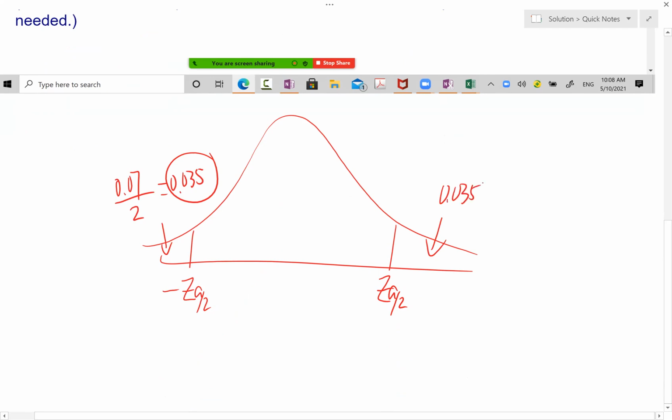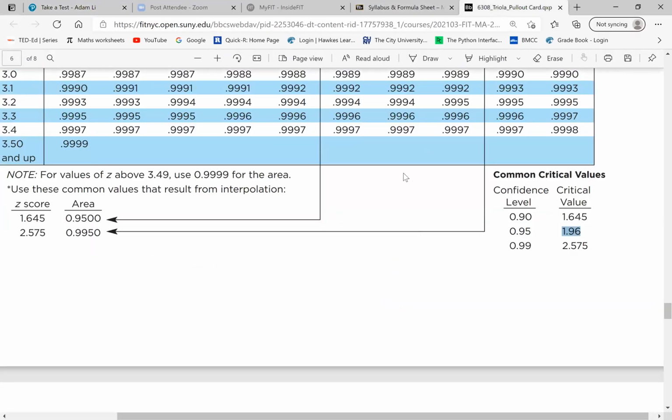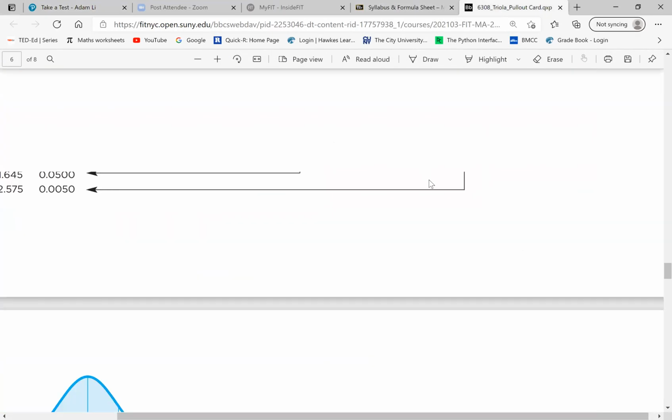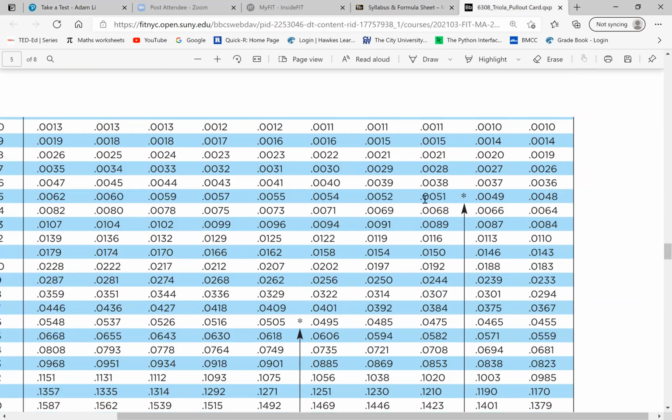So now we're going to use this area to the left and find the negative critical z-score first, which is very easy to do. Using the probability of 0.035, go back to table A2, find the critical z-score here, the negative one, and then the positive one will be the opposite. So one more time, let's go to table A2. 0.035 on the first page of table A2.